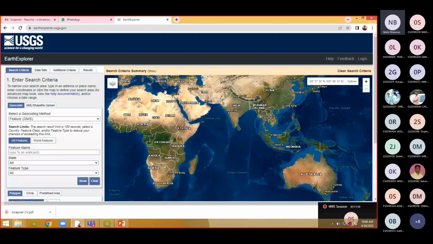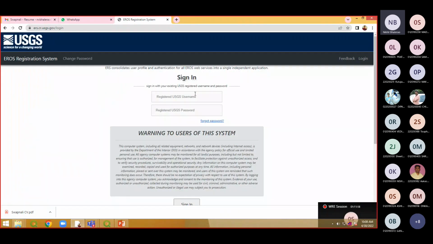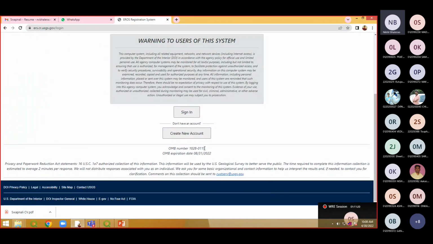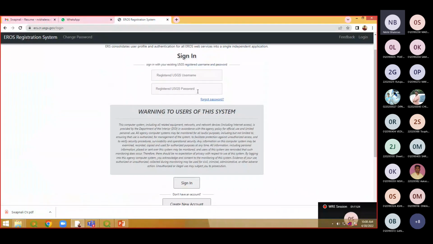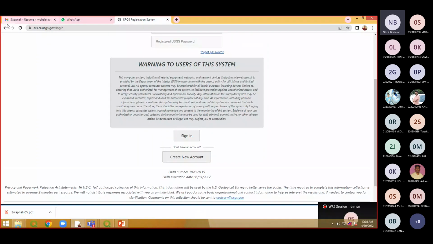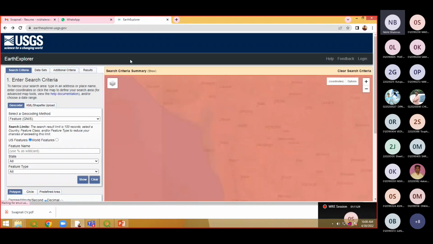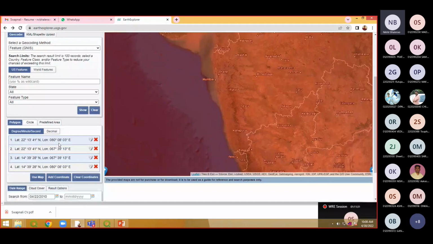To download this data free of cost, you need to create your account. You need to log in, and then only you can get this data. If you do not have an account, you can put in your login details and create your own account to download these datasets free of cost.